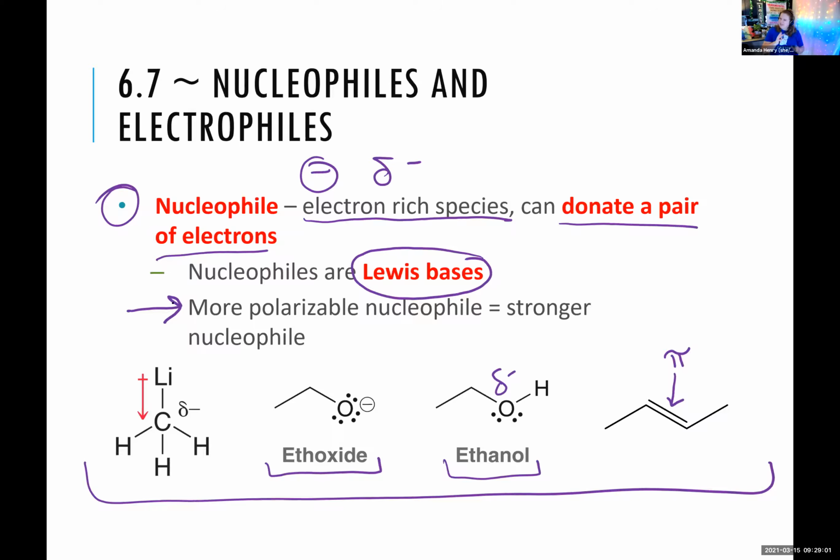This distinction doesn't come up very often because we're generally using that first row of the periodic table: carbon, nitrogen, oxygen. We don't deal with a whole lot of larger atoms. So this is definitely a true statement, but it's a minor part of this.